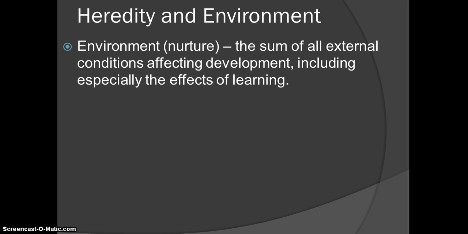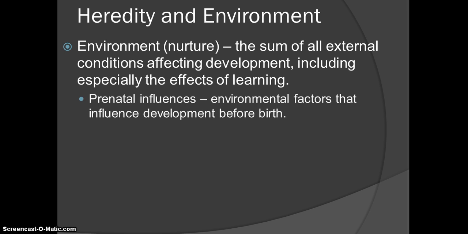The second component that can influence one's development is the environment, nurture, which is the sum of all external conditions affecting development, including and especially the effects of learning. Prenatal influences are environmental factors that influence development before birth.